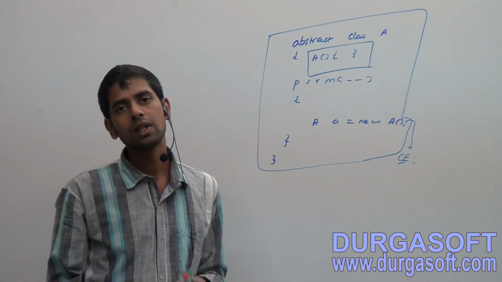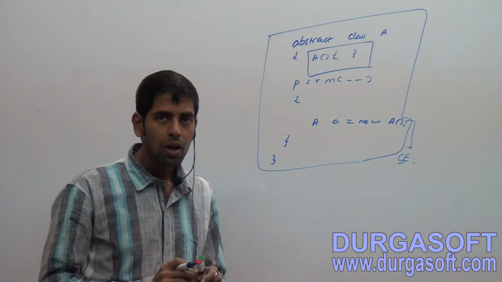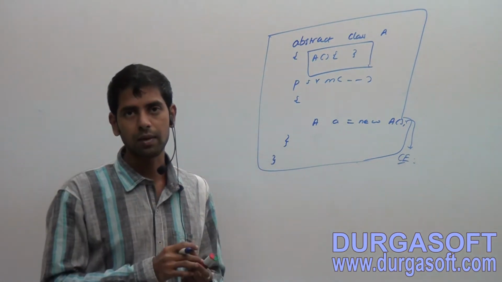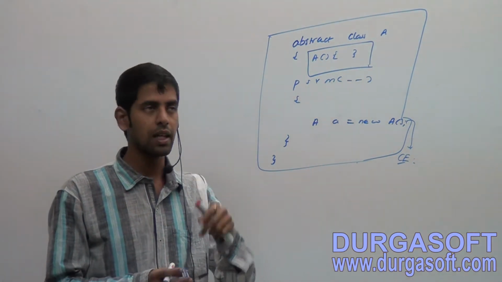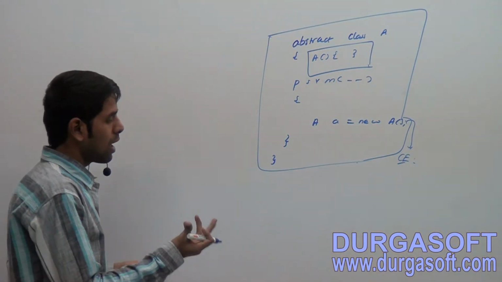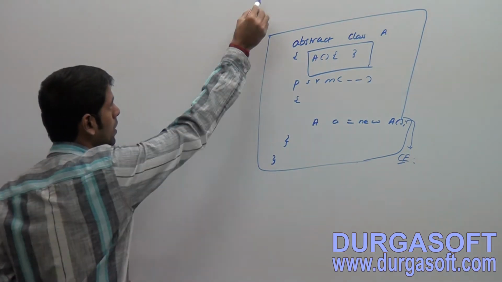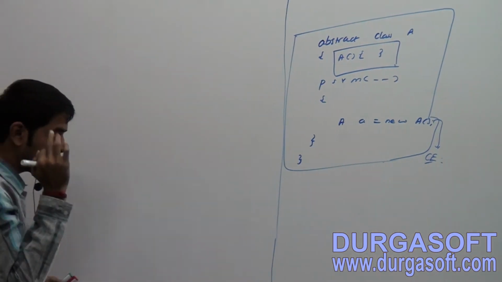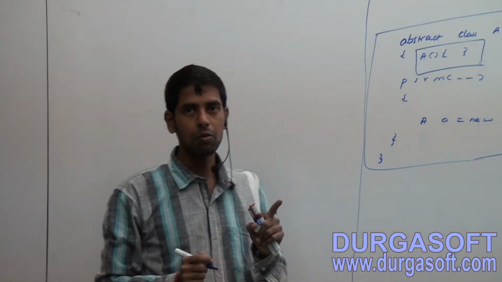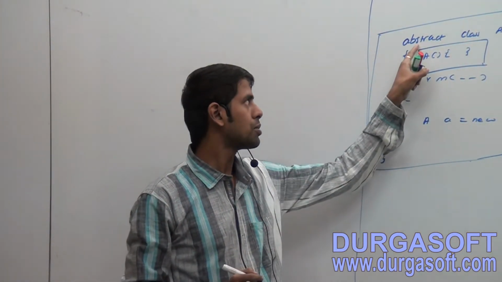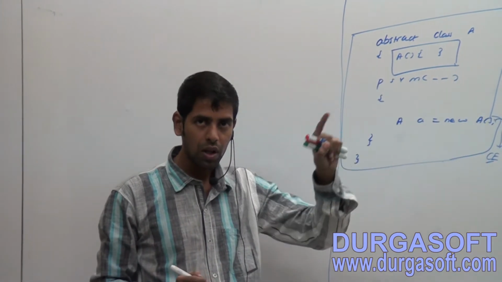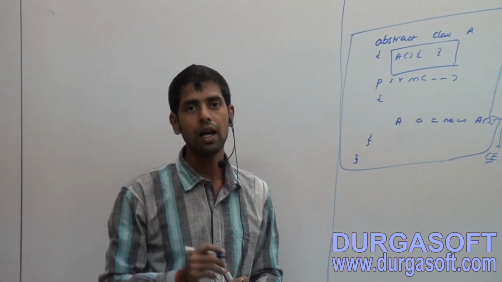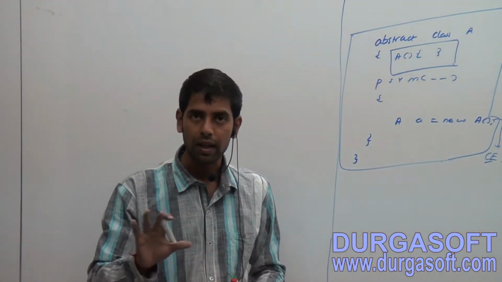You have said that abstract means what? Partial implementation, that is partial work. I have also discussed that abstract means partial implementation. Observe here, some three scenarios are very important. As part of the abstract keyword or modifier, we have n number of advantages.